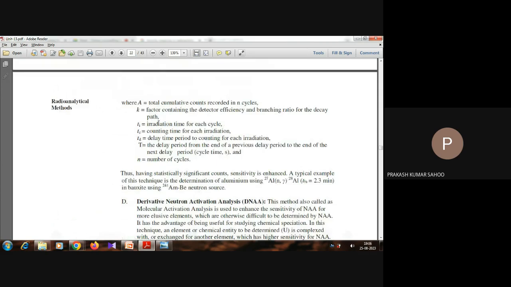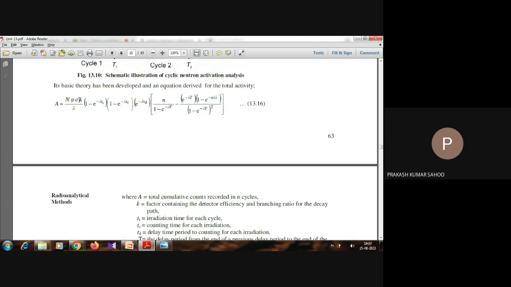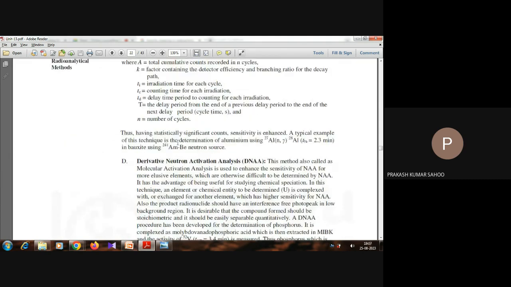Then we have capital T is the delay period, N is the number of cycles, small t i is the irradiation time, Tc is the counting time, K is a factor, A is the total cumulative counts per cycle. So in this equation, these things are there.